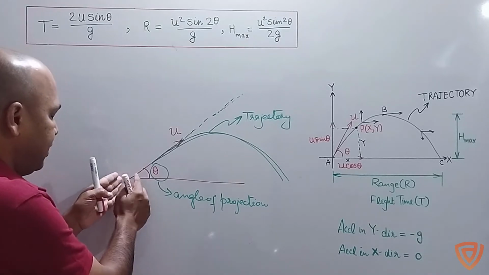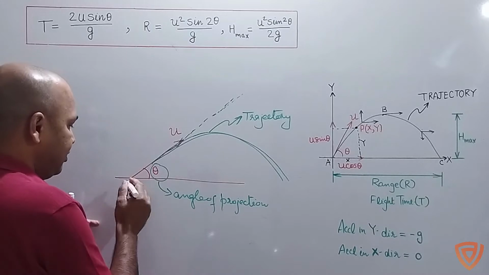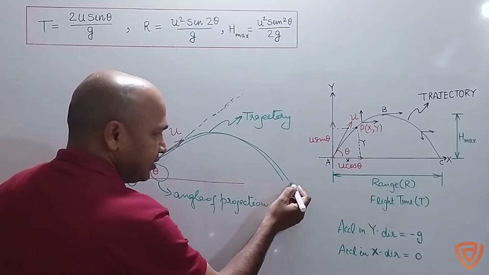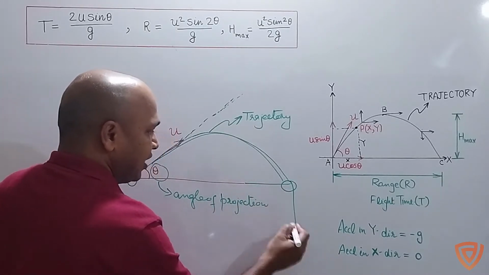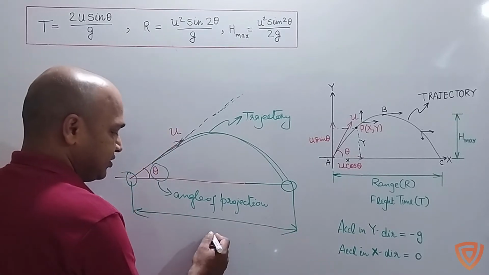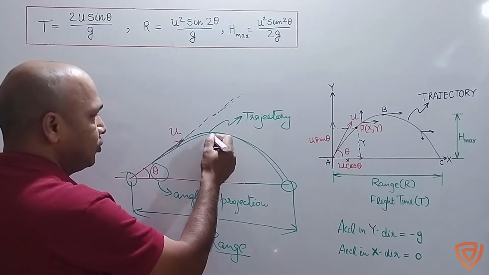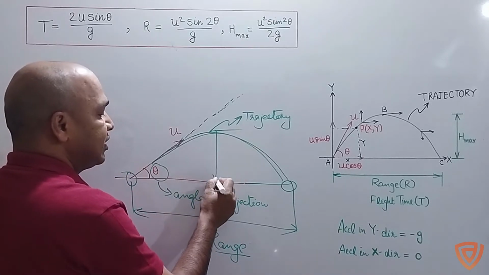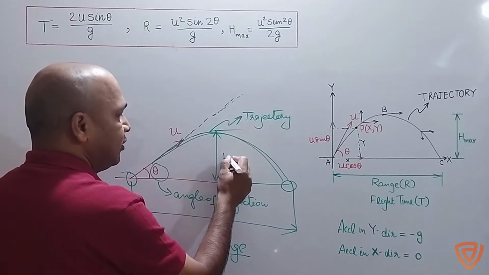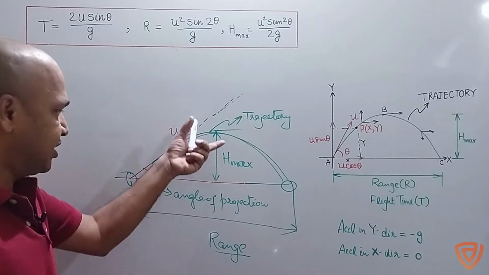During this entire process, what is happening? This object starts its journey from this point and reaches this point. So it is traveling a certain range. This distance is called range. And it goes up to a certain maximum height, which is called the maximum height of the projectile.